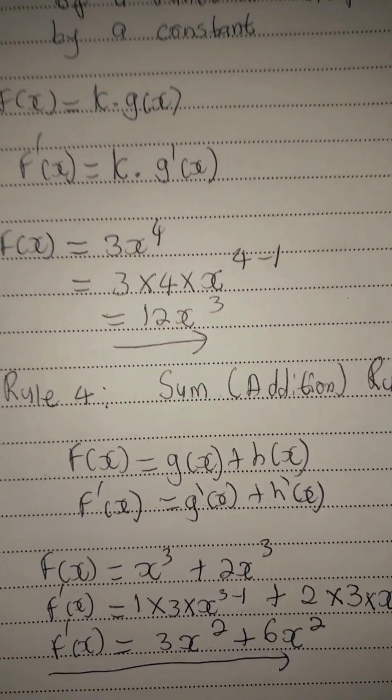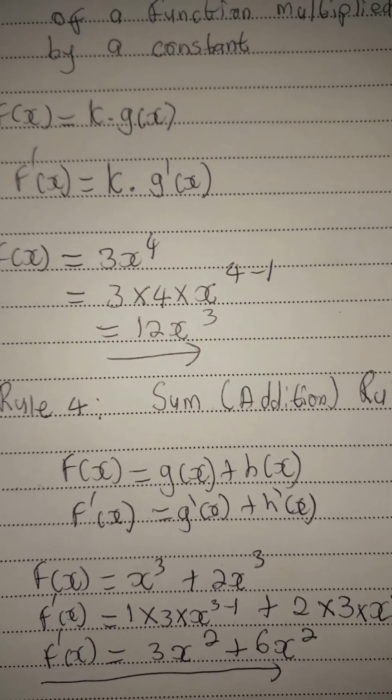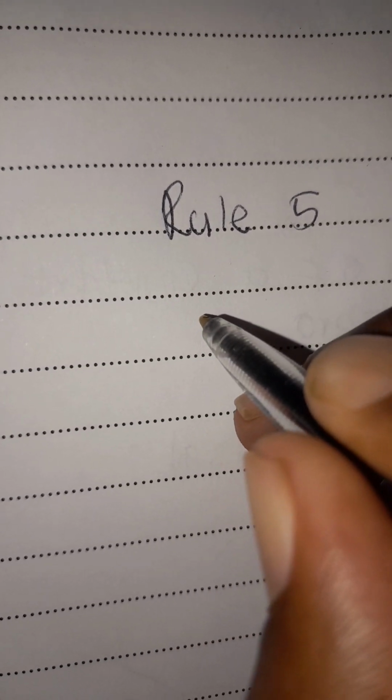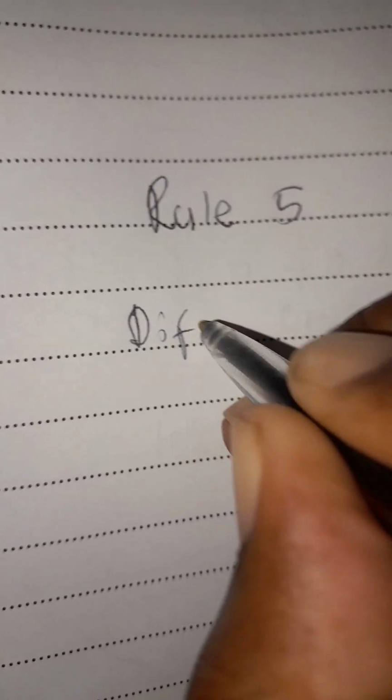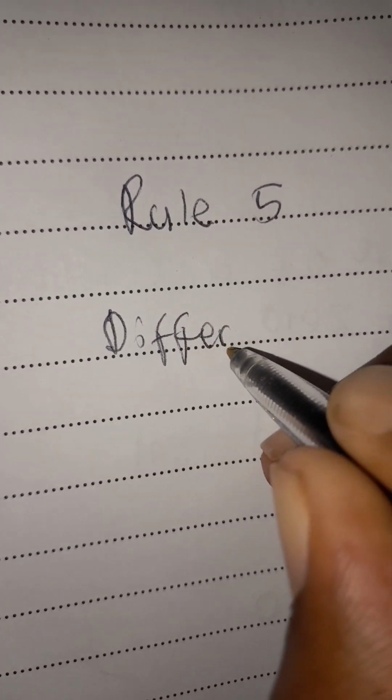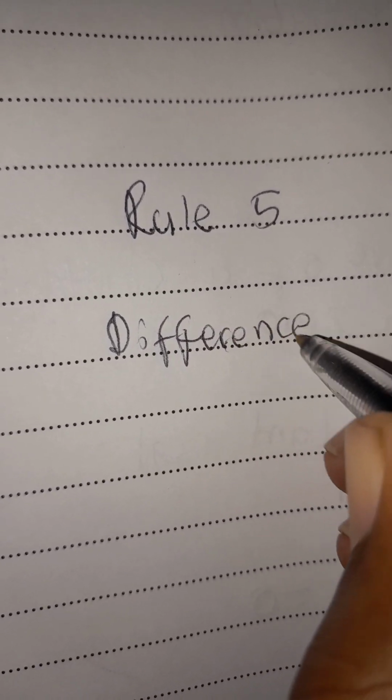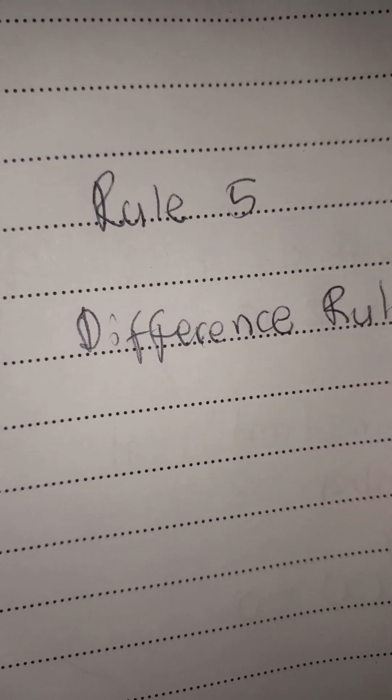So let's go to the last rule, guys. We are going to work with the last rule, which is rule 5. It's the difference rule. When you talk about the difference rule, we talk about subtraction. There's a subtraction there.